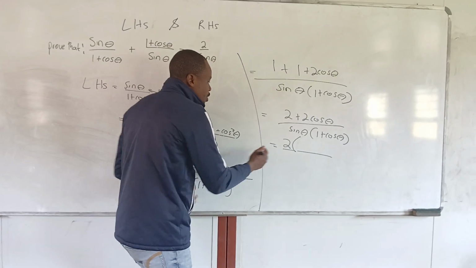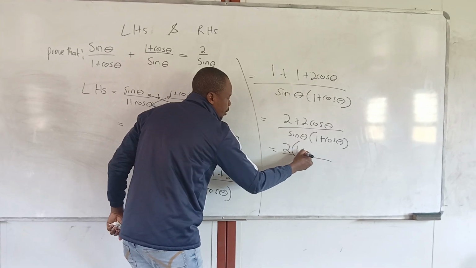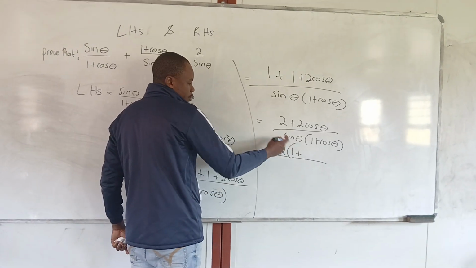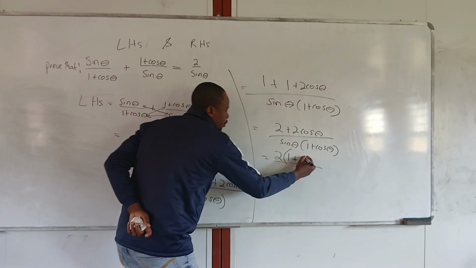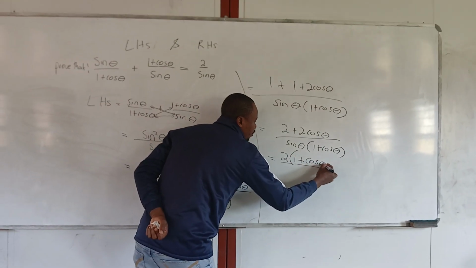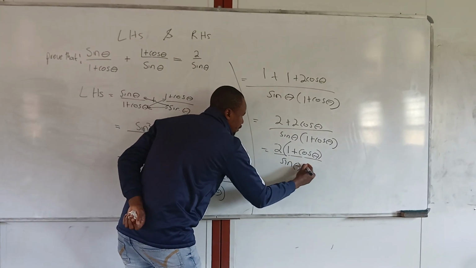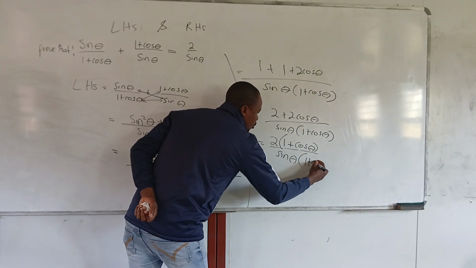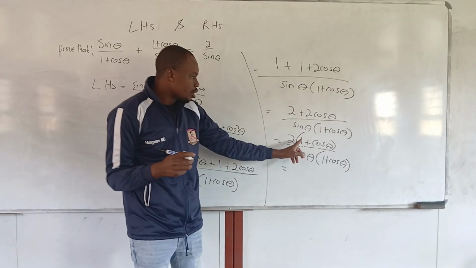The number that I can use is 1 plus, because I factored out the 2 here, I will remain with the cos of theta. Do you see that? Divided by the sine of theta 1 plus cos of theta.